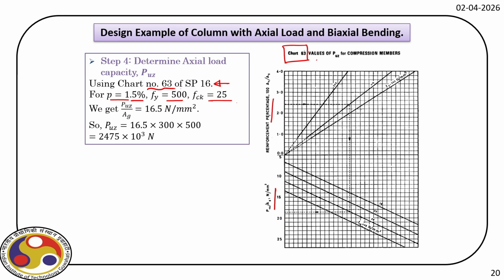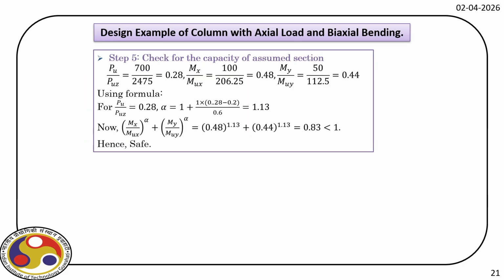So from this curve, we find out this ratio and then find out Puz, which is 2475 kilonewton.